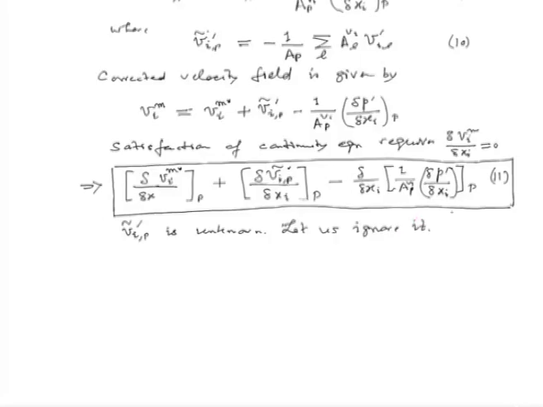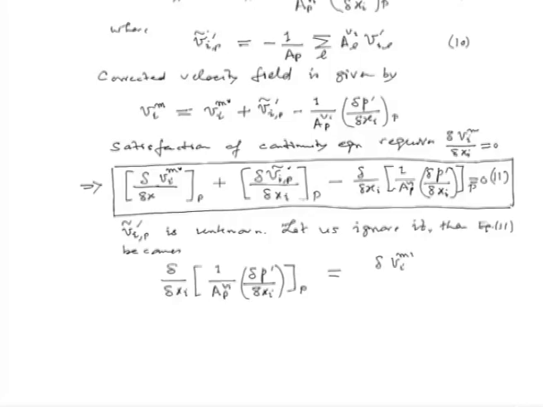If you ignore it, then equation 11 becomes delta over delta x_i of 1 over a_p^{V_i} delta p prime over delta x_i at p is equal to delta V_i^m star over delta x_i at p.